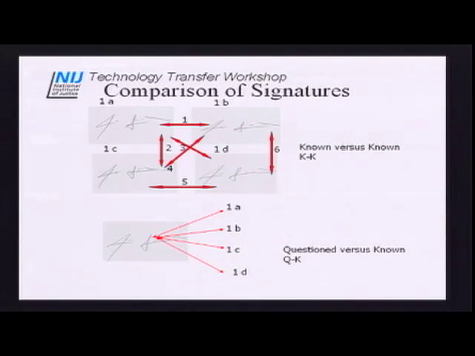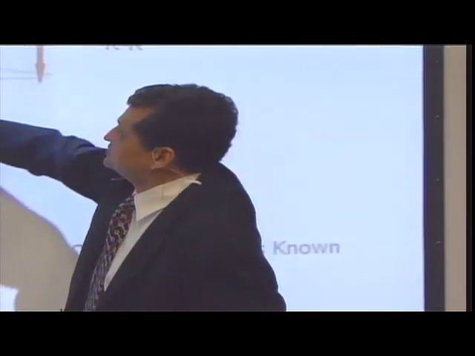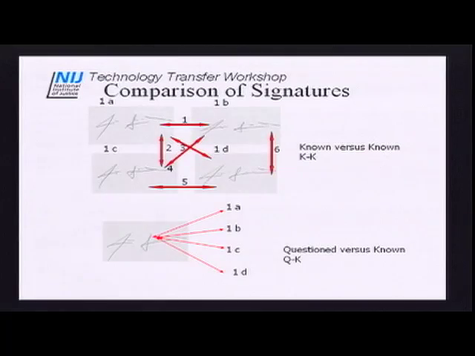So if there are 4 genuine signatures available, the number of ways of getting pairs is a combinatorial function called 4 choose 2. If you evaluate it, it's 6. So there are 6 different combinations, and you can count all of them. This is 1, this is 2, that's 3, that's 4, that's 5, that's 6.